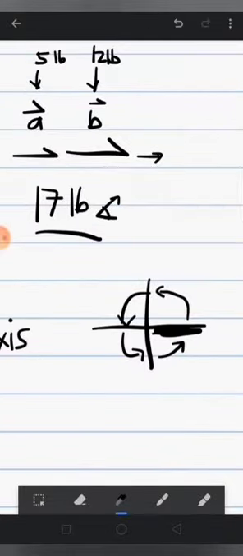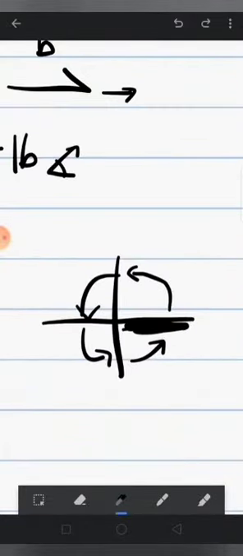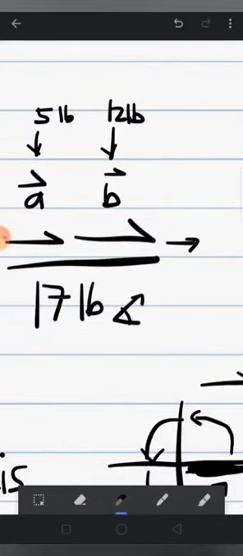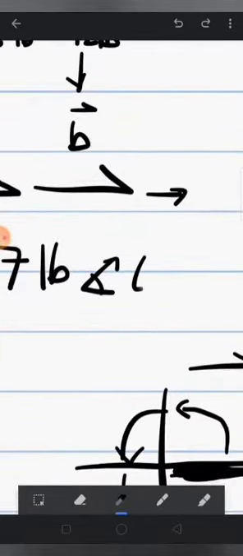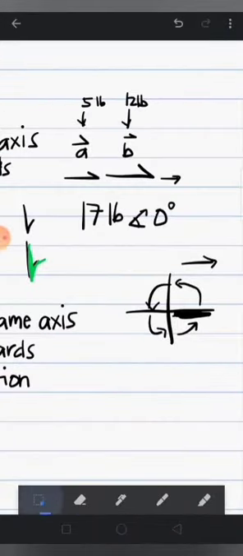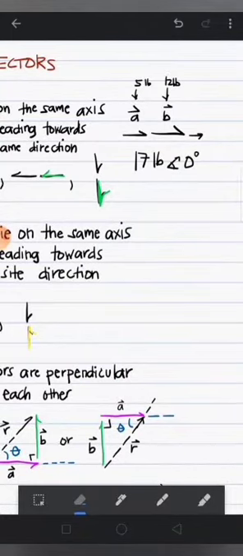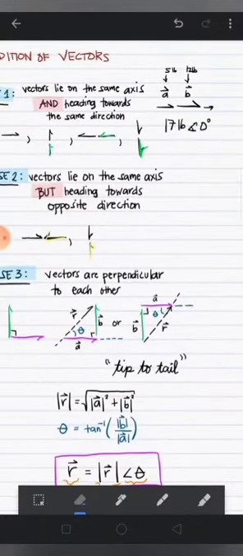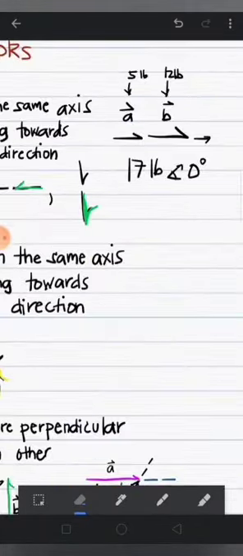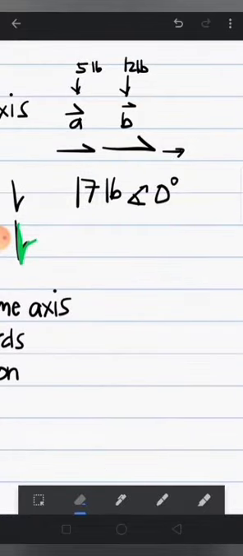Since the magnitude tells us that it is positive 17, it's heading towards the right, and there is no inclination, as we can see. Thus, the angle of this is 0 degrees. So if we add vector A and vector B, which lie on the same axis and have no inclination, this is the answer.